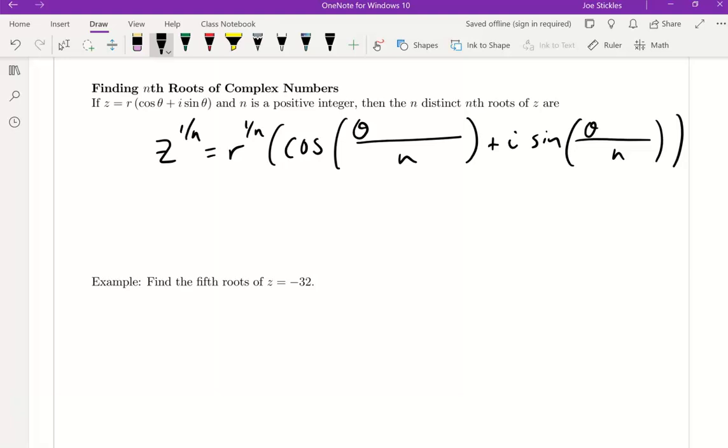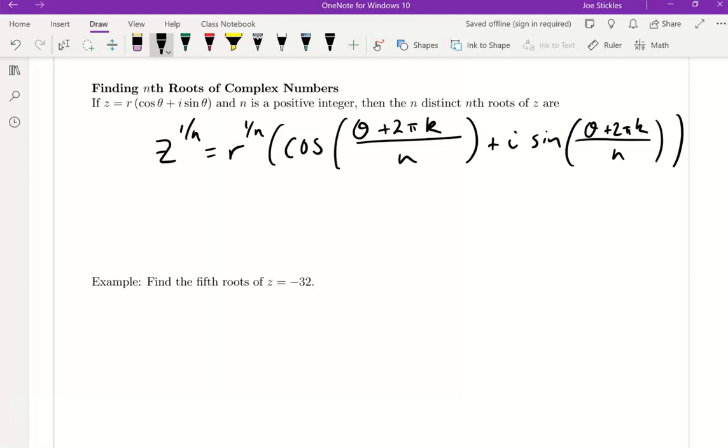But we also know that when we do coterminal angles, my sine and my cosine will give me the same values.